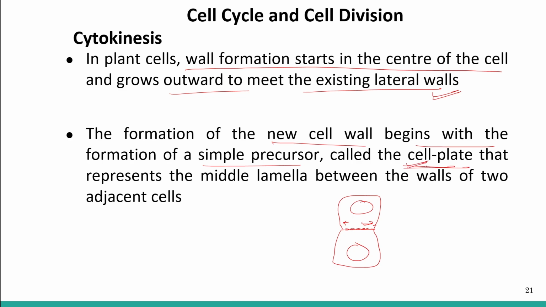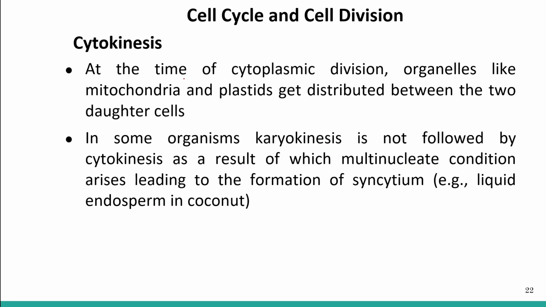So cell plate formation takes place in plant cell that represents the middle lamella between the walls of the two adjacent cells. At the time of cytoplasmic division, organelles like mitochondria and plastids get distributed between the two daughter cells. Okay, so after the cytoplasmic division, these organelles like mitochondria and plastids get distributed between the two daughter cells.